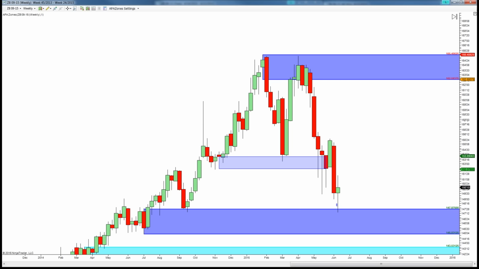So that's what we're looking at here on the big weekly time frame. All right, now this level we know has already been retested once just because of the zone color. So we know that for sure.